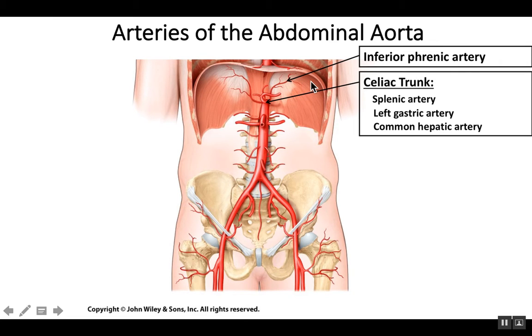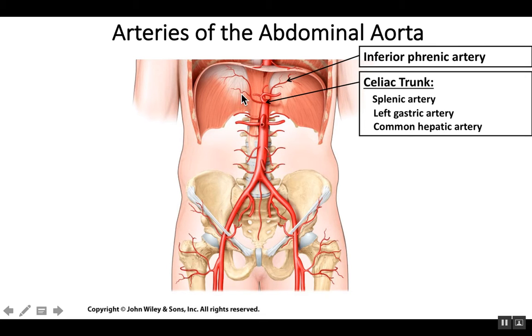There's a left gastric, which goes to your stomach, and that branch is most likely this guy right here, going to the stomach. And then there's an artery called the common hepatic, which is going to your liver, which is mostly over here in the upper right quadrant. So that would be this little, or not little, it's actually a pretty big artery, going over to the liver.